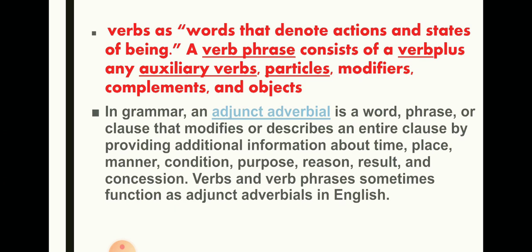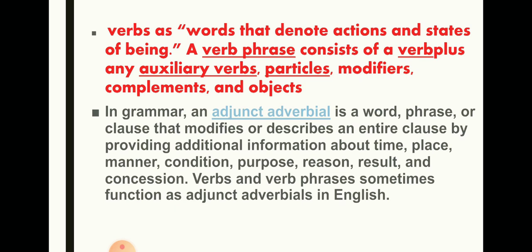Generally in traditional grammar we discuss the adjunct adverbial, which is a word, phrase or clause that modifies or describes, giving us more information on the subject or clause by providing additional information about what, where, how, and when. Okay, it's about time, place, manner, condition, purpose, reason, result, and concession.